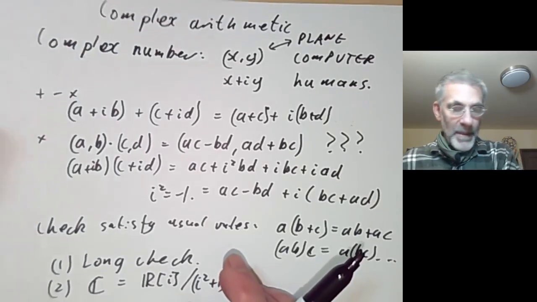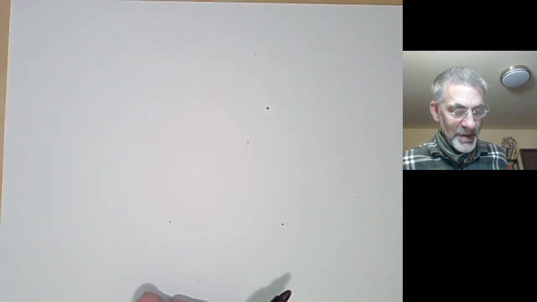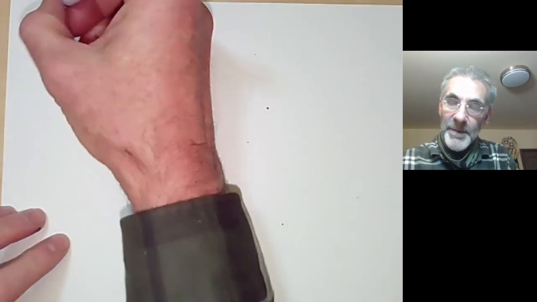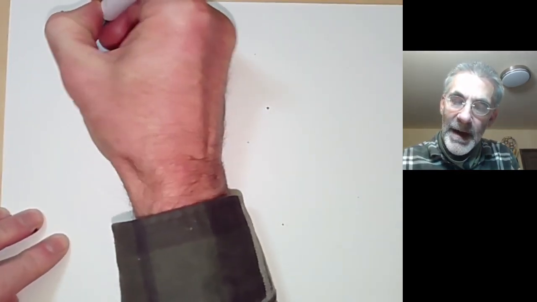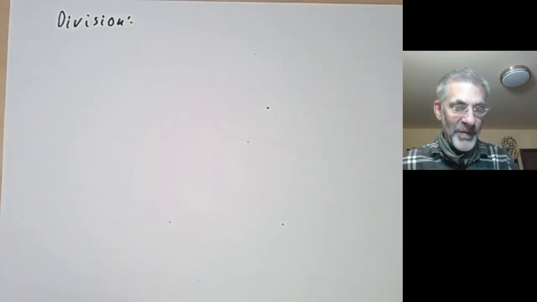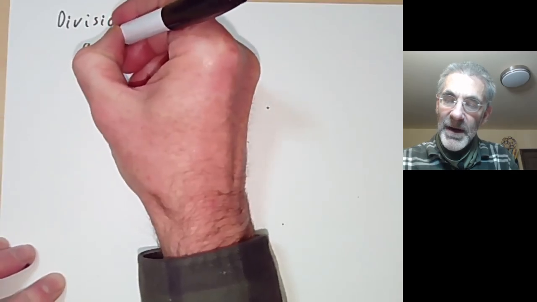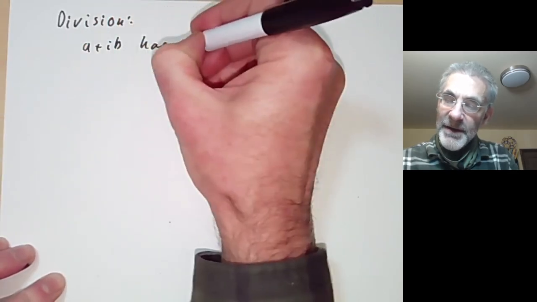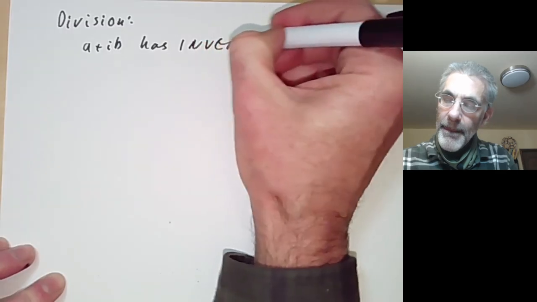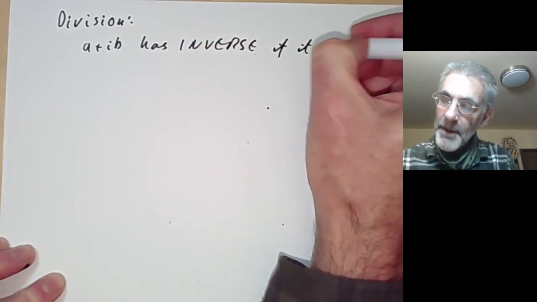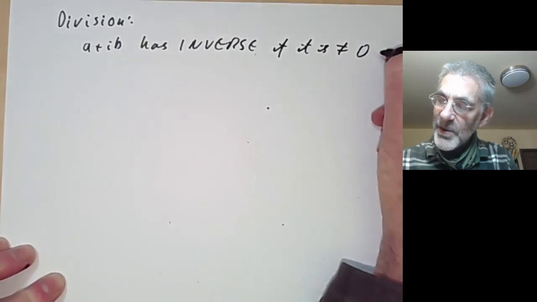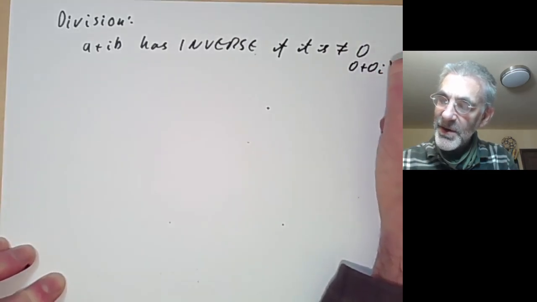The one thing I haven't yet mentioned is division, and this is a little bit less obvious. So we want to check that a plus ib has an inverse if it is not equal to 0, which of course stands for 0 plus 0i.